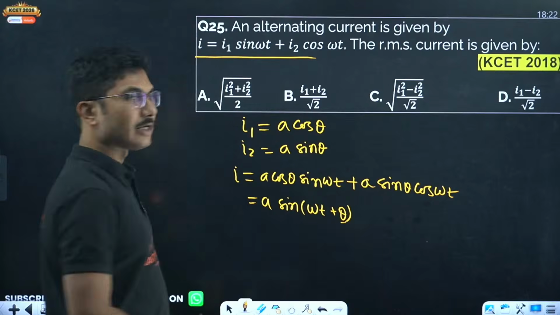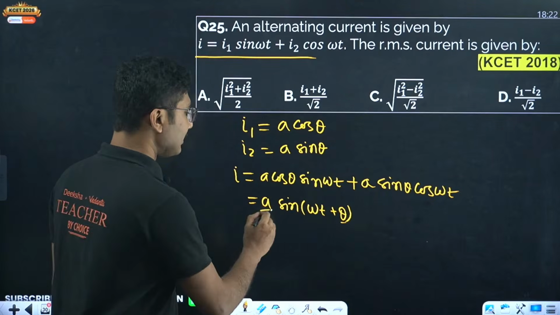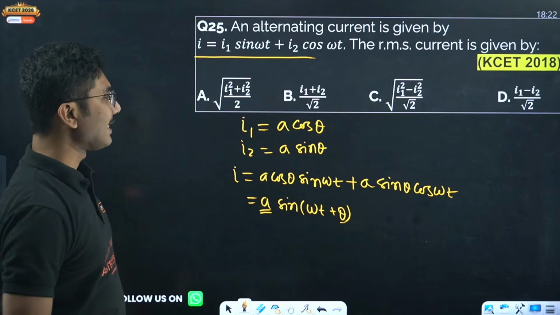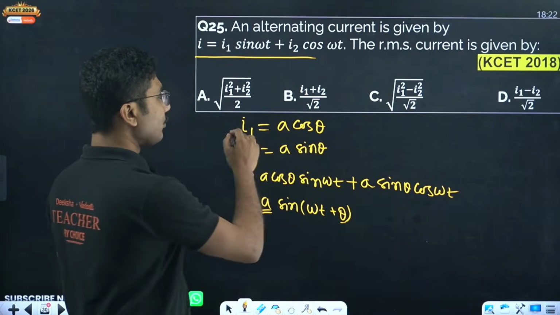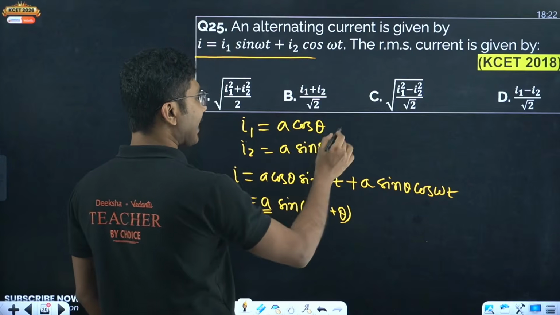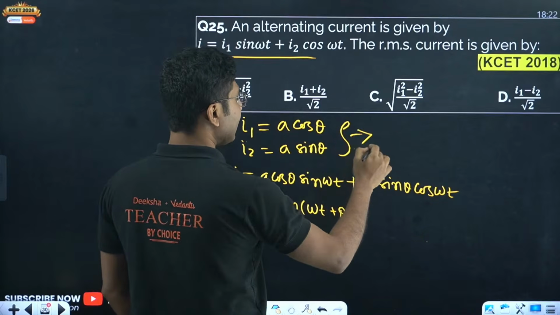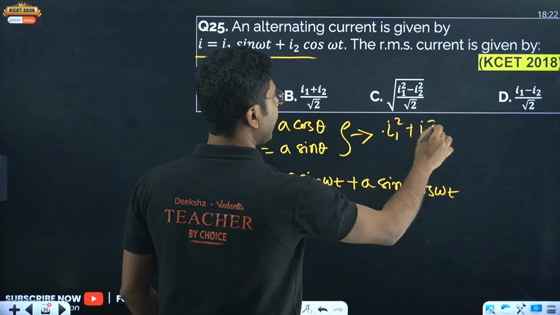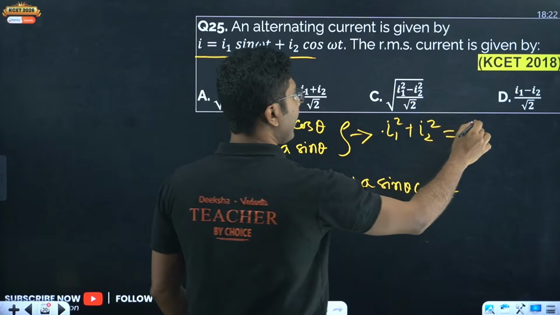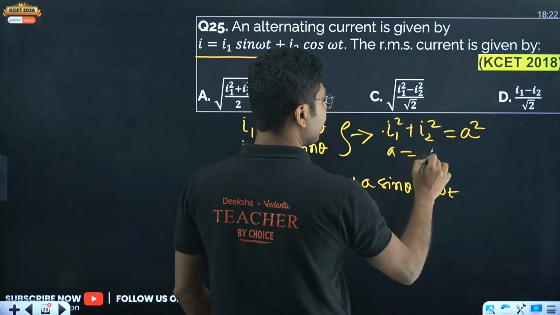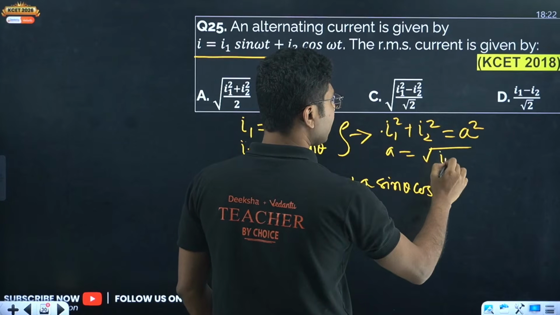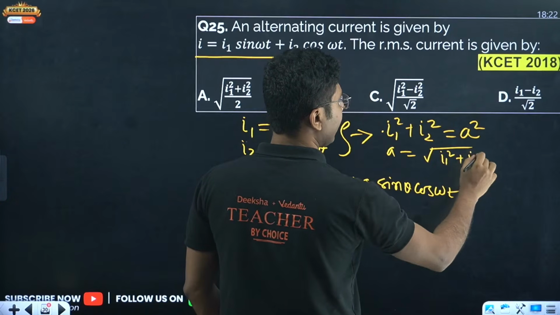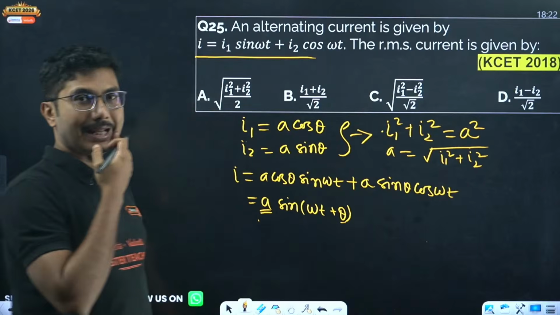So this theta is our phase and this A is our amplitude. Okay, so what is the amplitude A here? If you square these two terms and add them, you can write that I1 square plus I2 square equals A square. That means A must be equal to the square root of I1 square plus I2 square, right? So this is the value of A.